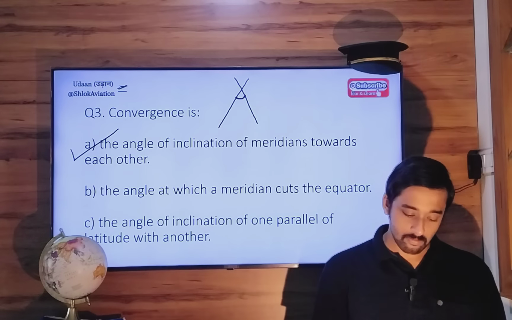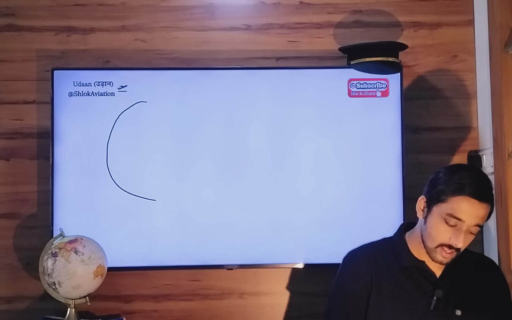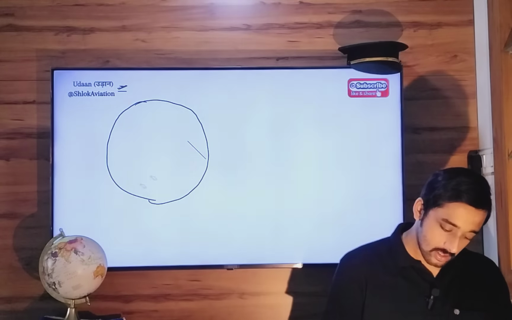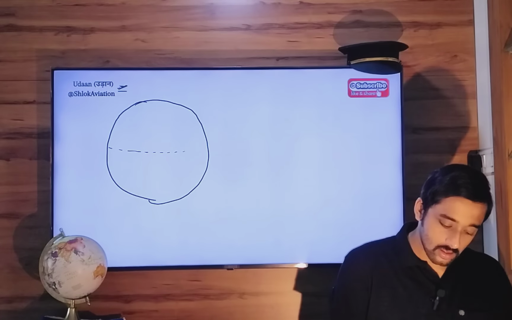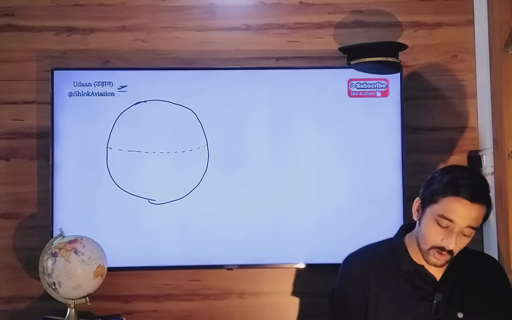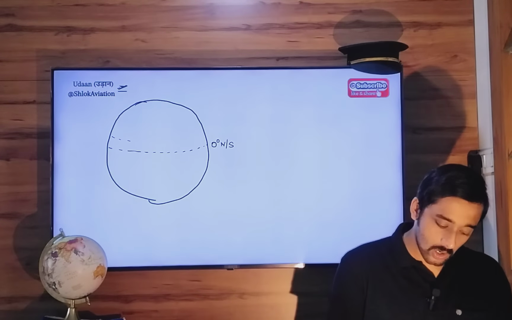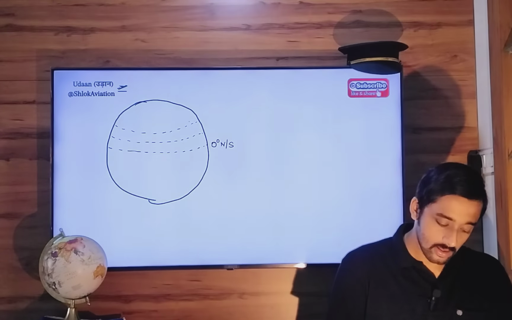Now, parallels of latitude. All latitudes are parallel to one another. So let's say this is your Earth. This will be the equator, 0 degree north-south latitude. Other latitudes in the northern hemisphere will be like this: 10 degree, 20 degree, 30 degree, 40 degrees, and so on.